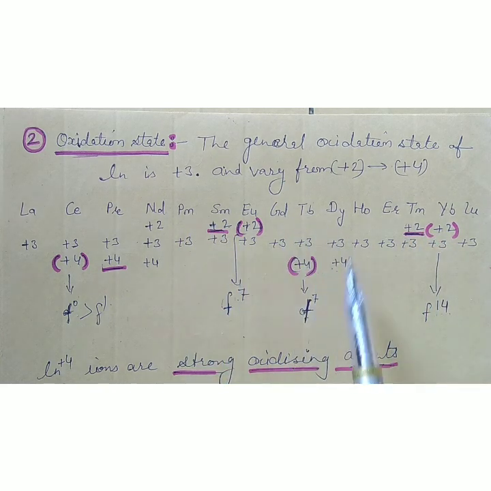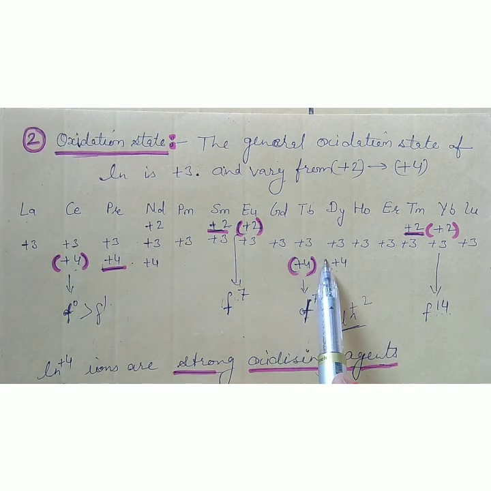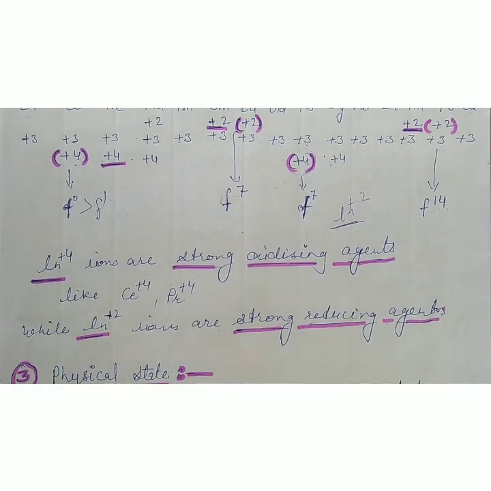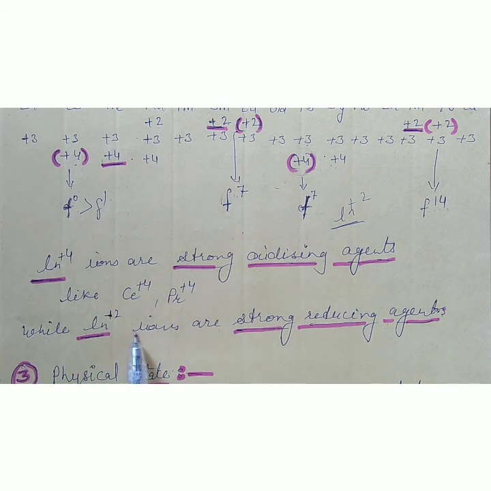Ln ions in the +2 oxidation state behave as reducing agents, while in the +4 oxidation state they can be reduced into +3, so they behave as strong oxidizing agents. See, Ln+4 ions are strong oxidizing agents like Ce+4, Pr+4, while Ln+2 ions are strong reducing agents.